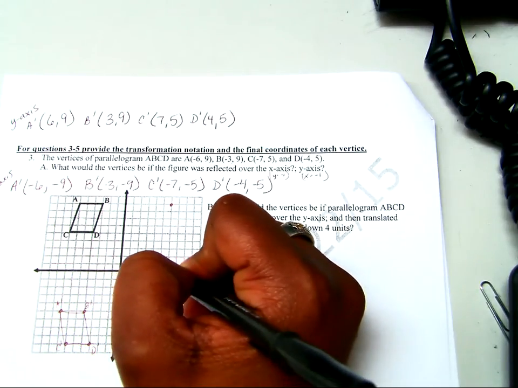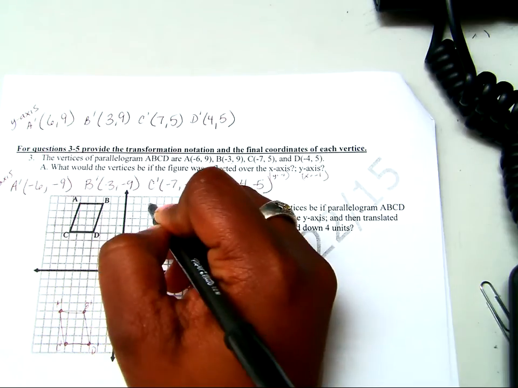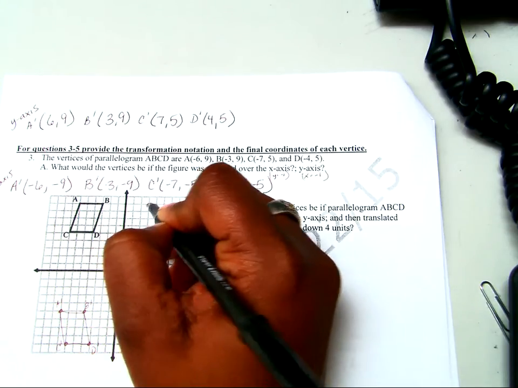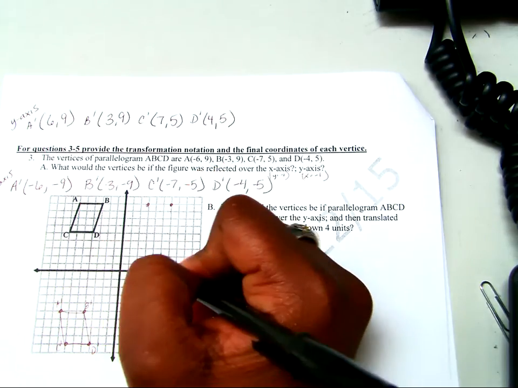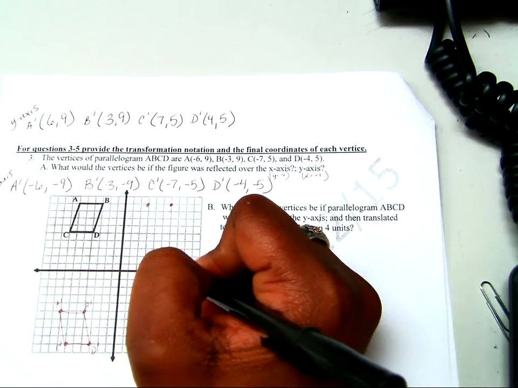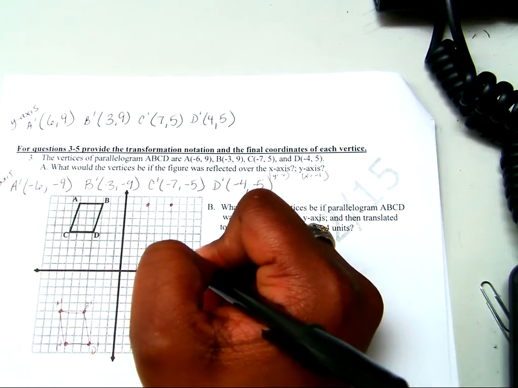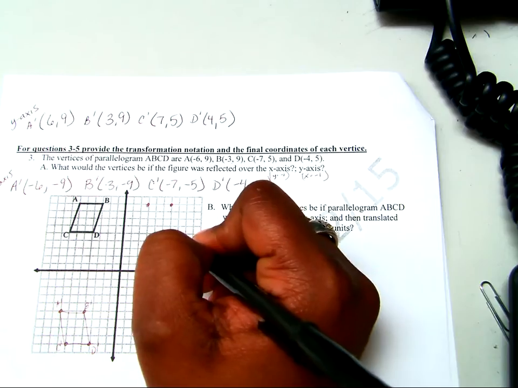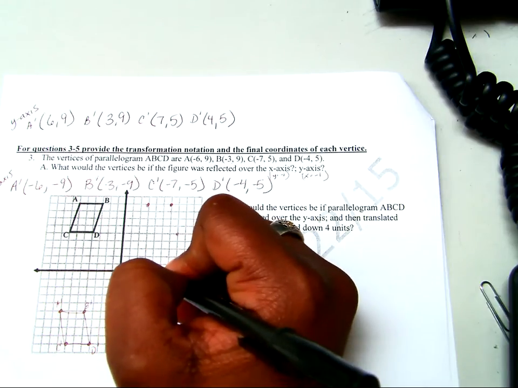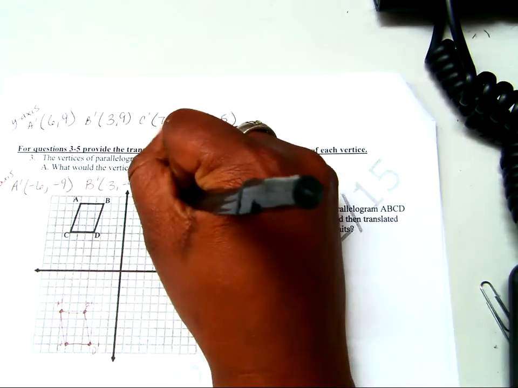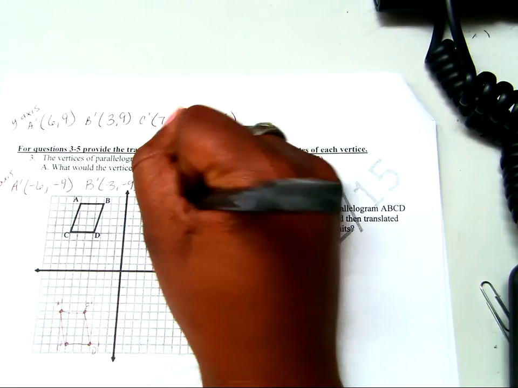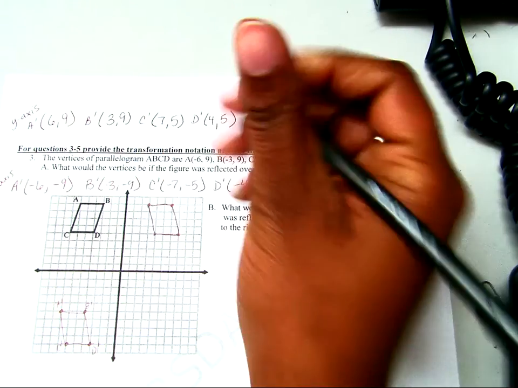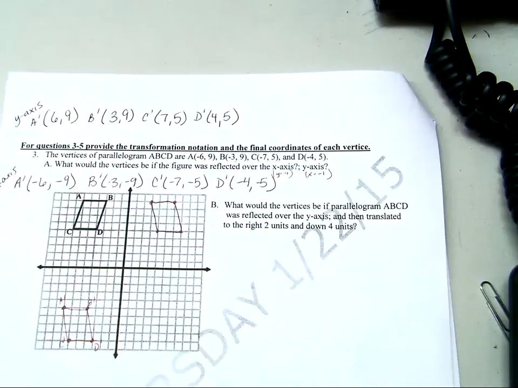Okay. And then 3, 9. And then 7, 5. 1, 2, 3, 4, 5. And then 4, 5. Okay, mirror images. All right, mirror images.